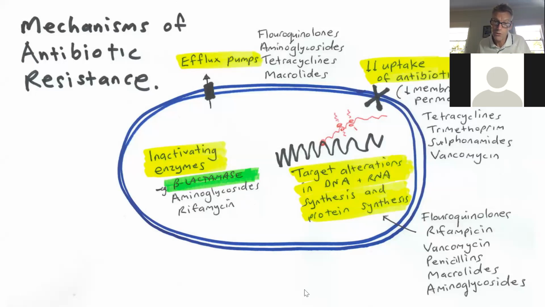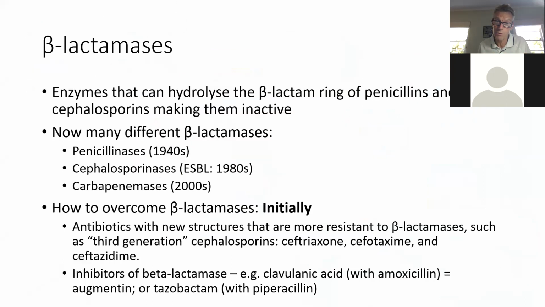I won't go through this in much detail, but I think it's important for us to understand how antibiotics work and the types of resistance that can occur. I'm going to talk about just a few types of resistance that are very common these days among bacteria, which we see commonly.